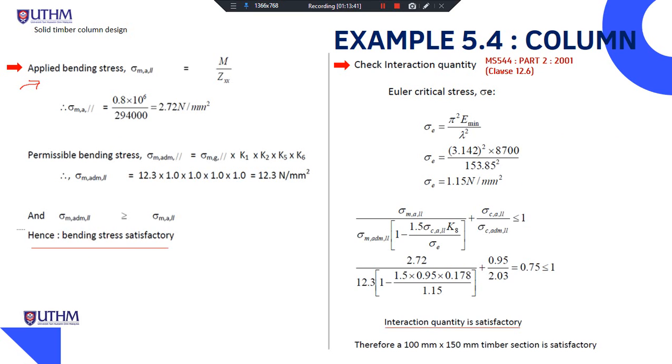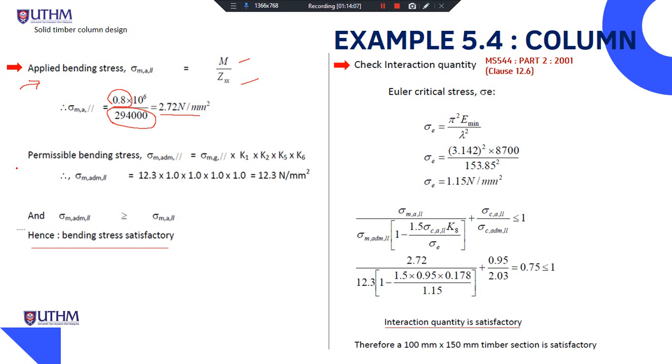So this is the bending moment. Applied bending stress is equal to moment M divided by Z, and this is the equation for moment. Our moment is given as 0.8 and our Z is 294,000, and our applied bending stress is equal to 2.72 Newton per millimeter square.